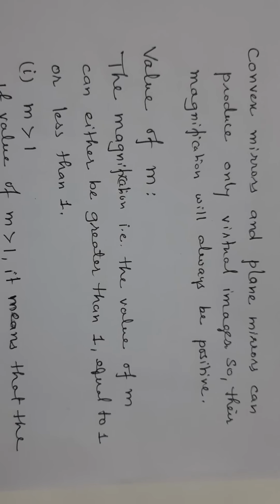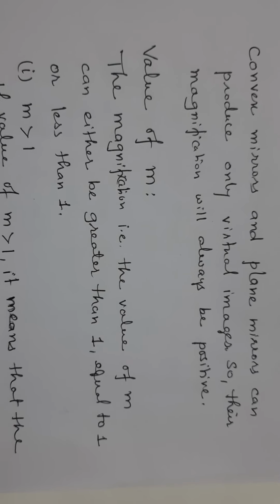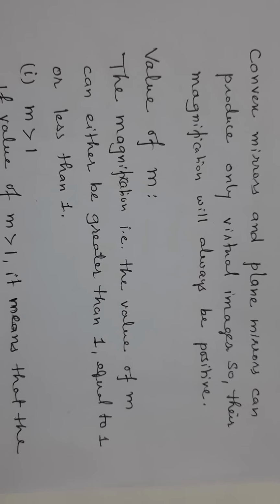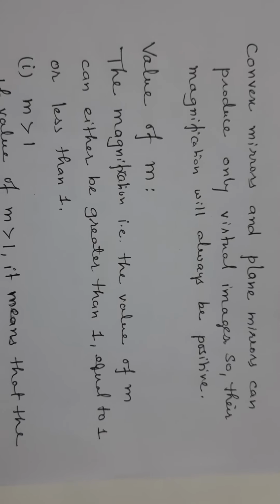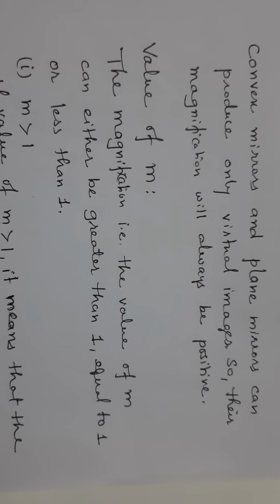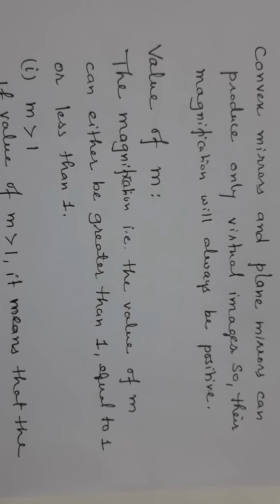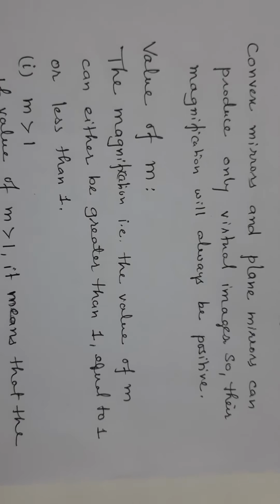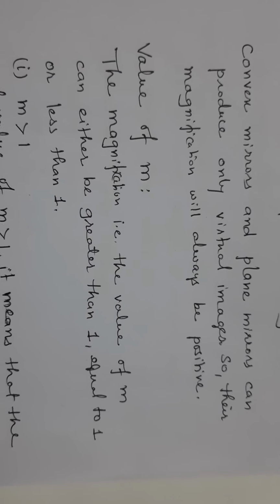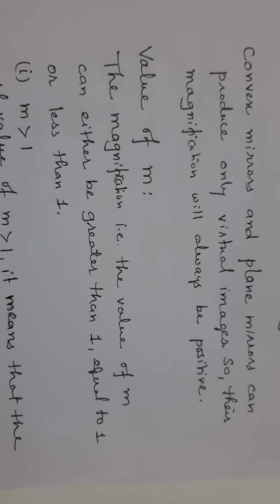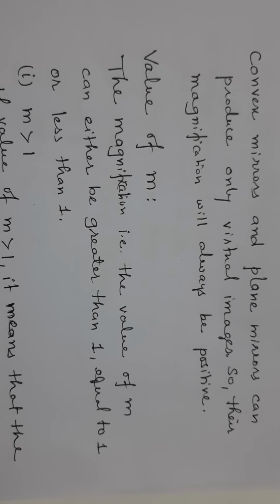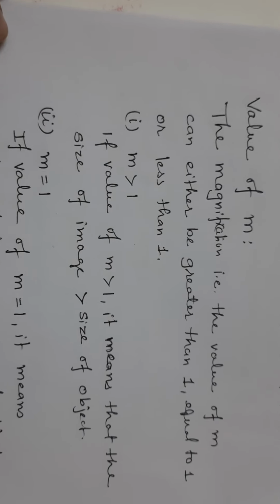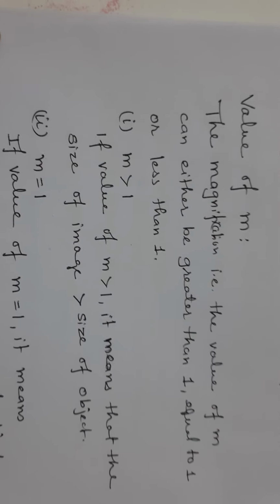Greater than 1 implies that the height of the image is greater than the height of the object. Equal to 1 means image and object both are of the same size, same height. Less than 1 means the image obtained is certainly less than the height of the object. So here we are giving in terms of symbols, m is greater than 1.